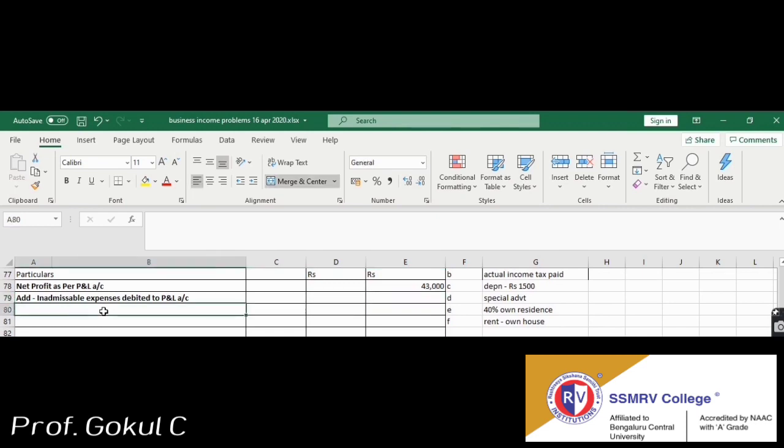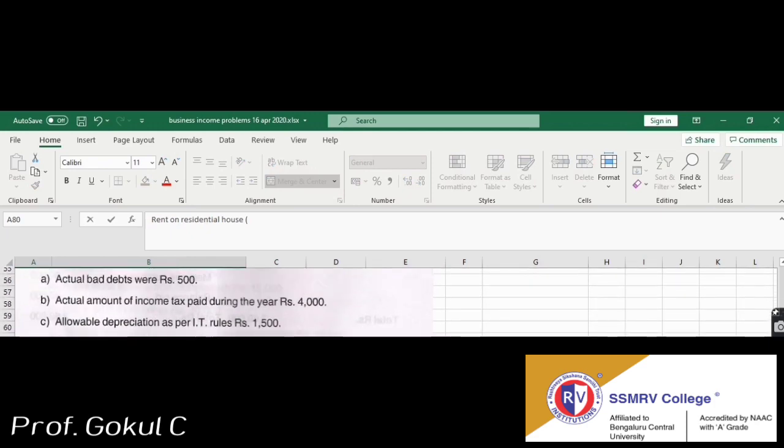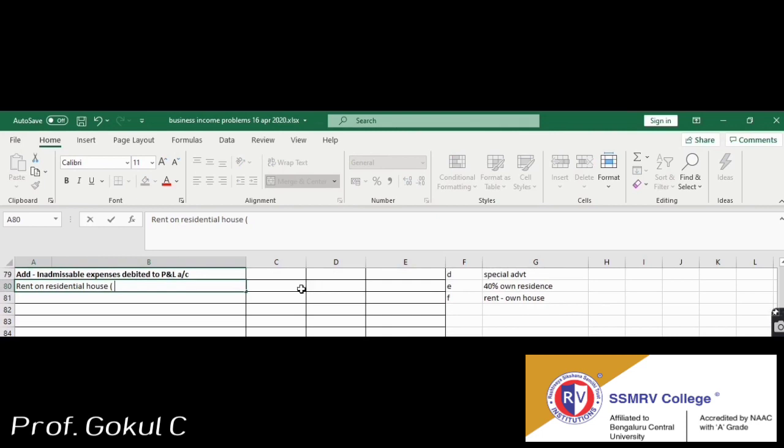So rent on residential house, out of 2,400 rupees, he owns 40% of that, which is 960 rupees. 2,400 into 40%, 960 rupees. So this is taken care of.